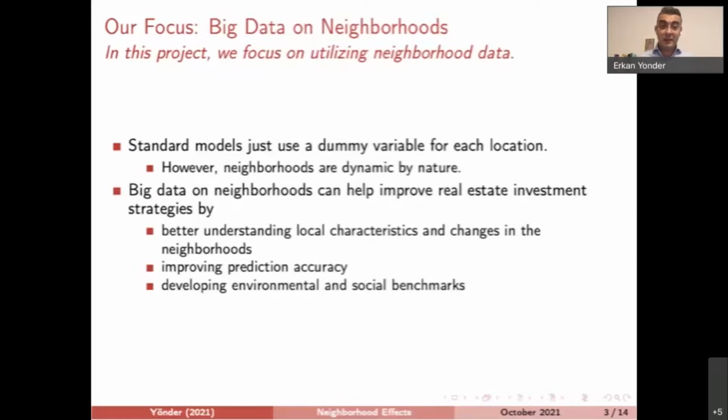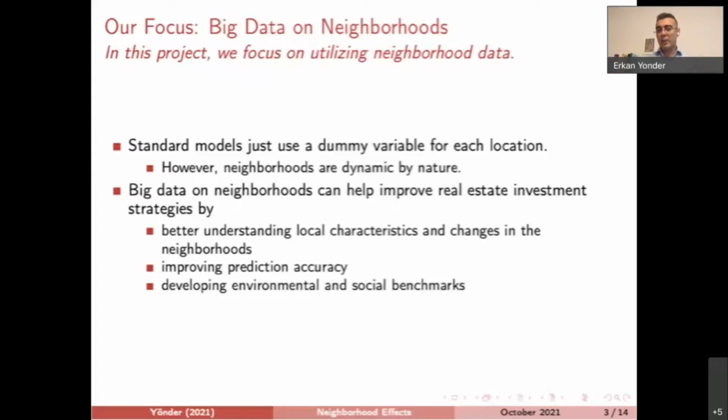So what are the factors that drive the prices in Toronto, or the value added in Toronto downtown? We don't look into those. We just use one indicator, Toronto downtown, and try to estimate the value added based on that. But there's so much going on in the neighborhoods, and the typical models at least ignore it. So that was our idea. That's how we approach GRI on this project.